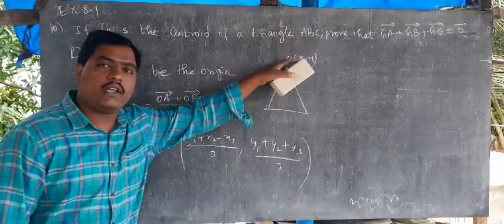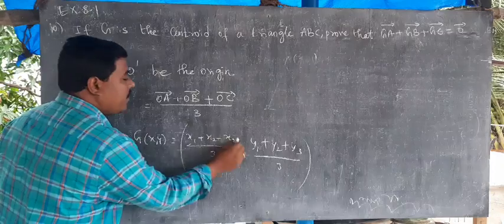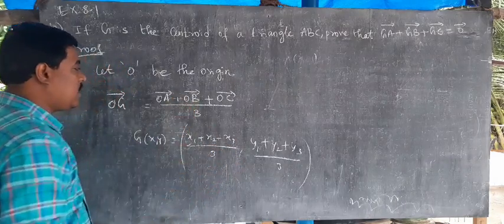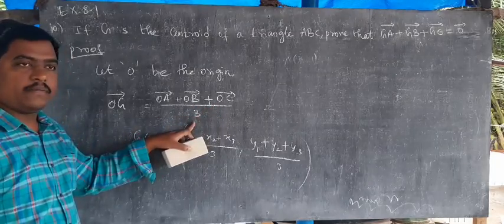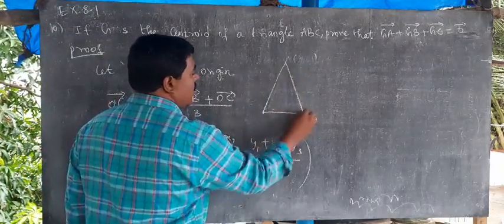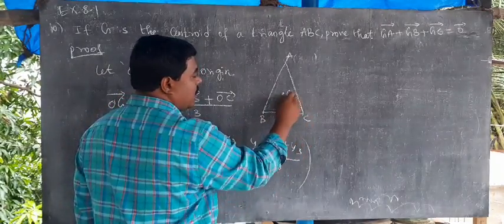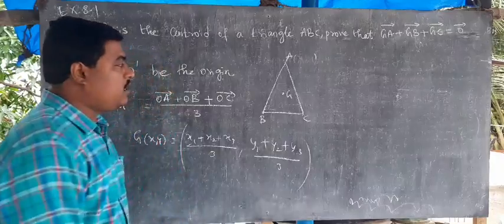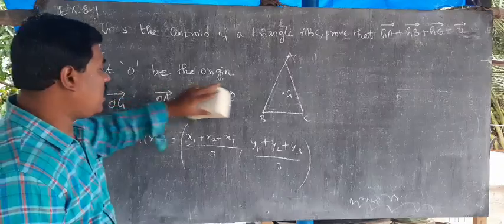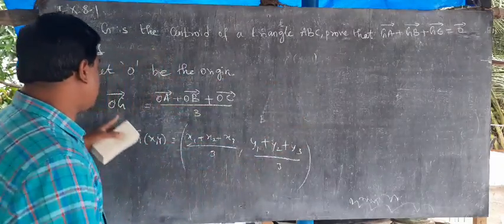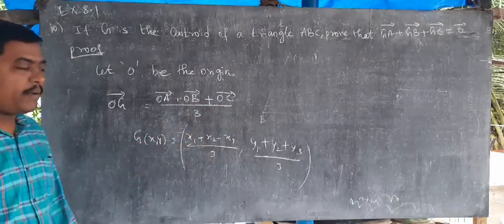So any point by 3, that is I wrote here, (OA vector plus OB vector plus OC vector) by 3. In the triangle, A is one position vector, B is one position vector, C is one position vector. For the center G, all these vectors start from the origin. So taking O as the origin, for the centroid G, OG vector equal to (OA vector plus OB vector plus OC vector) by 3.